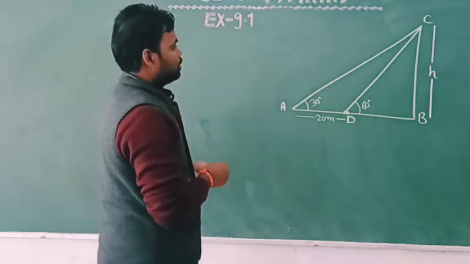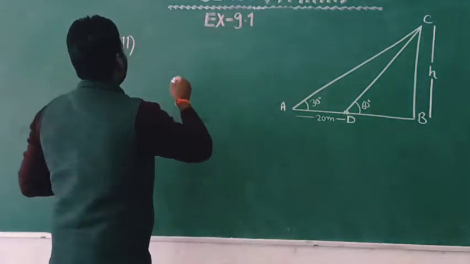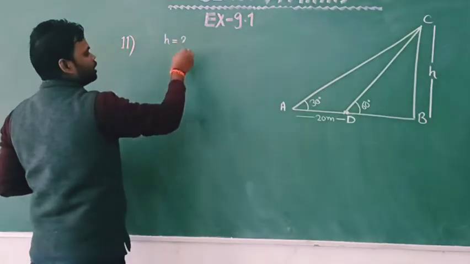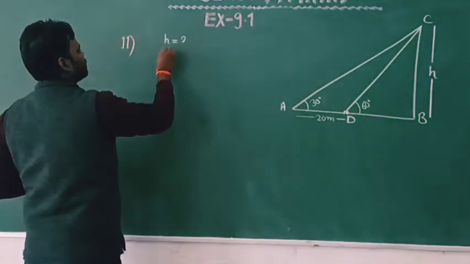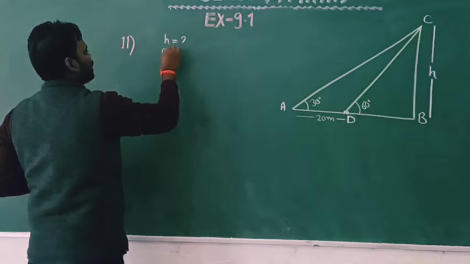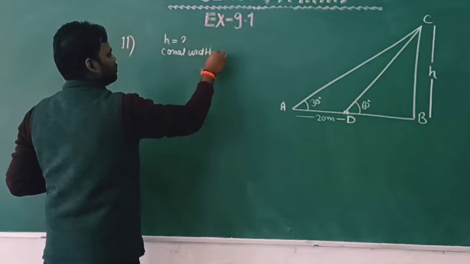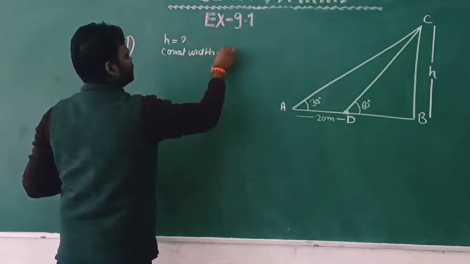So we need to find the height of the tower h and the width of the canal, which is equal to BD.